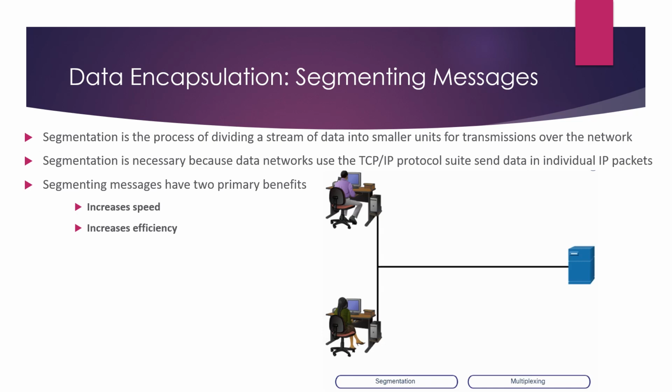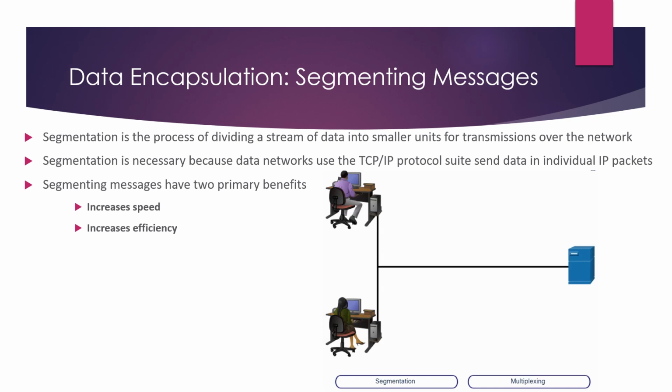How can we fix that? A better approach is to divide the data into smaller, more manageable pieces to send over the network. Segmentation is the process of dividing a stream of data into smaller units for transmission over the network.